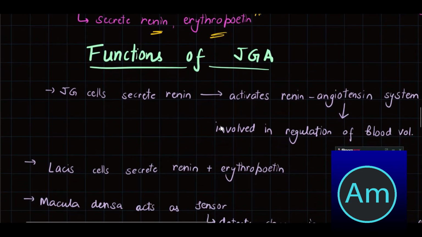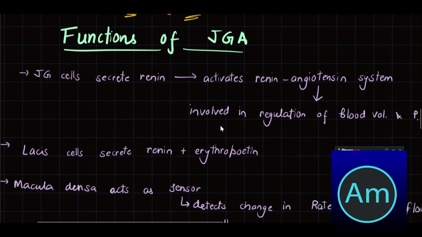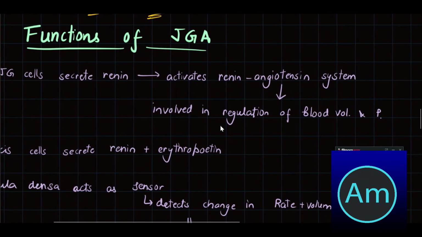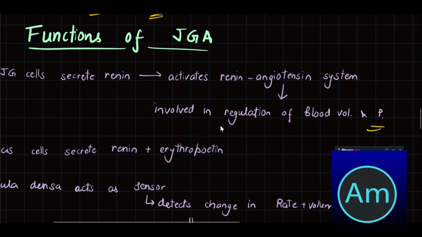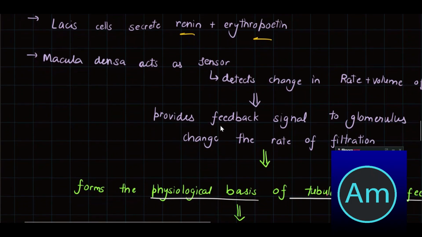Now the functions of JG apparatus: the JG cells secrete renin, which activates renin-angiotensin system, which is involved in regulation of blood volume and blood pressure. Now Lacis cells, which are also known as extraglomerular mesangial cells, secrete renin and erythropoietin. JG cells were granular while Lacis cells are agranular. Now the macula densa act as sensor.